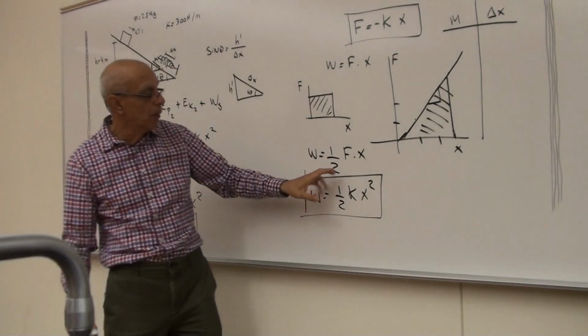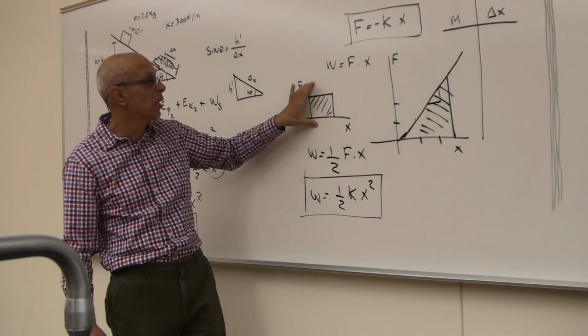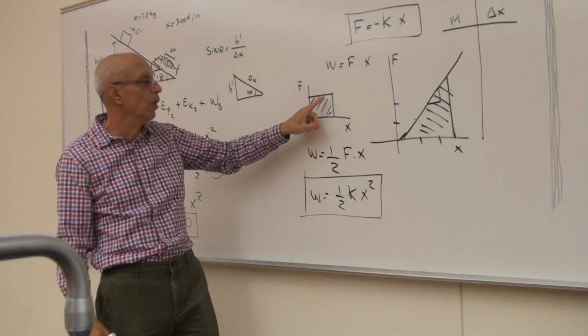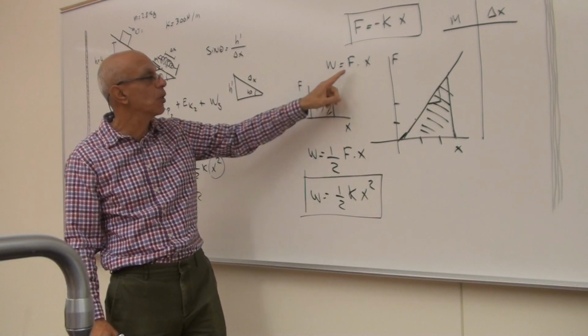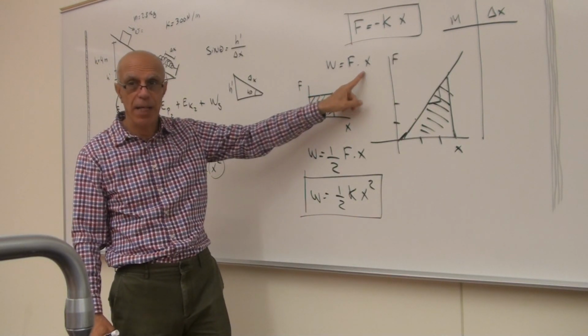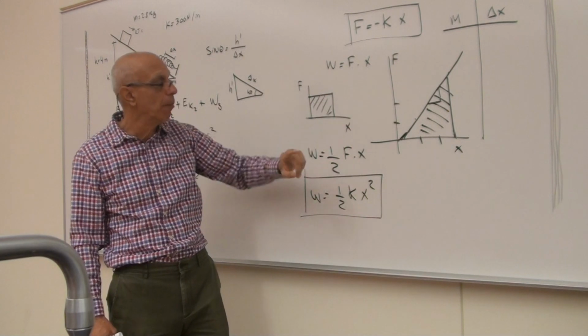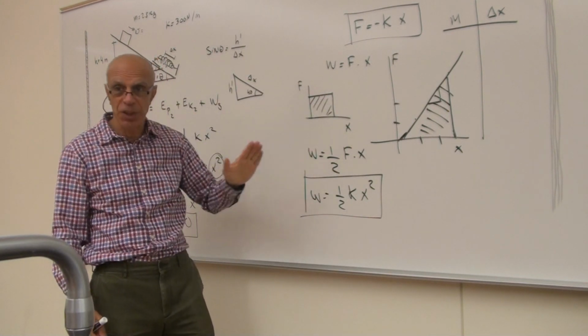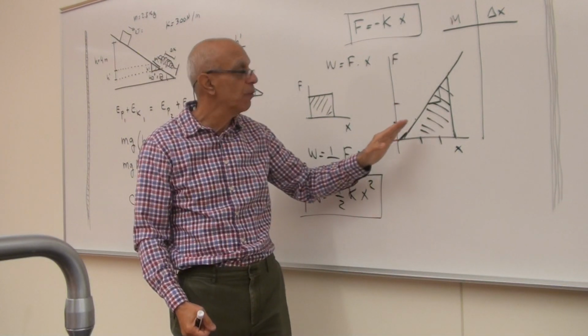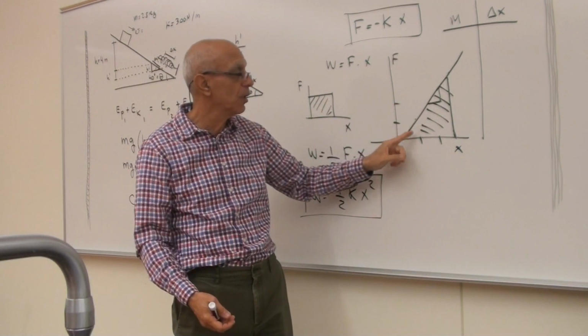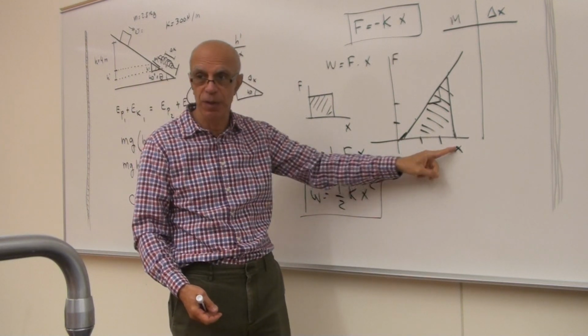This here is also important to see, because if the force is constant, the area is going to be F times X, right? But because the force is changing, you see here when I graph for different masses, different forces, I have different distances.